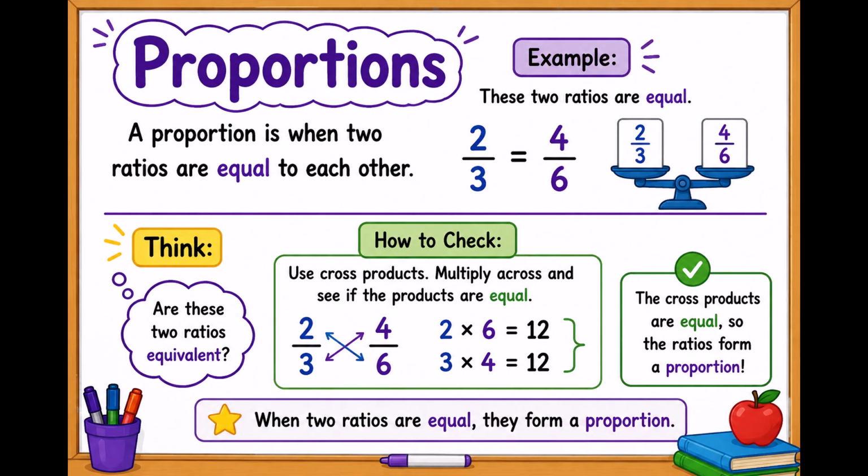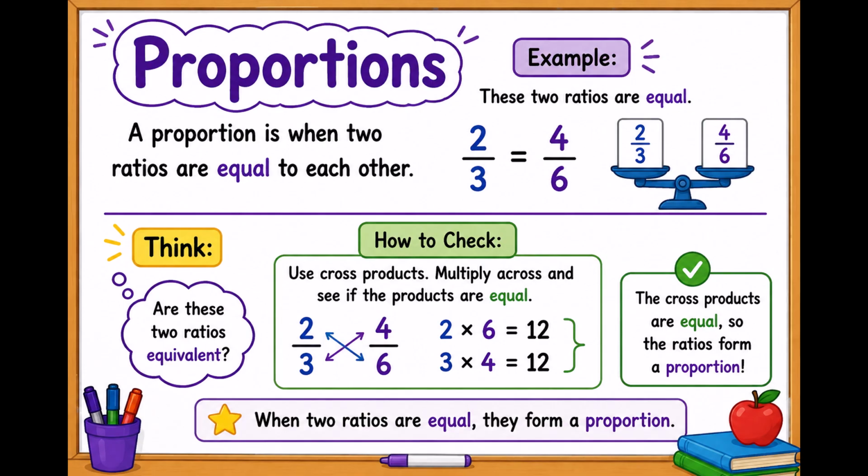A quick way is to use cross multiplication. Multiply across the fractions. 2 times 6 equals 12. 3 times 4 also equals 12. So both answers are 12. Since the cross products are equal, the 2 ratios form a proportion.